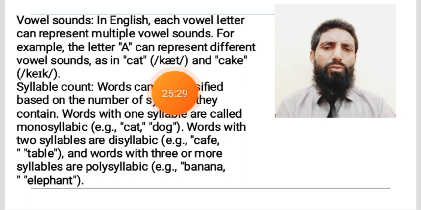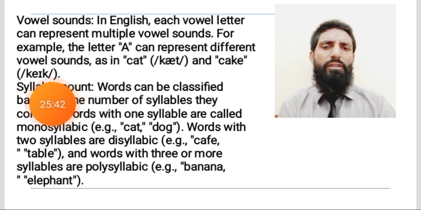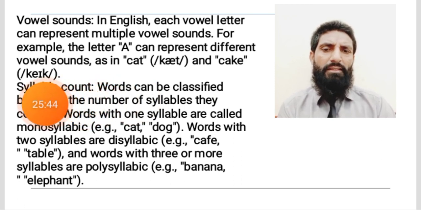These two vowels should be intermingled, and this enables us to understand what type of sound is being produced, like cat. And if we focus on this word, this is cake.